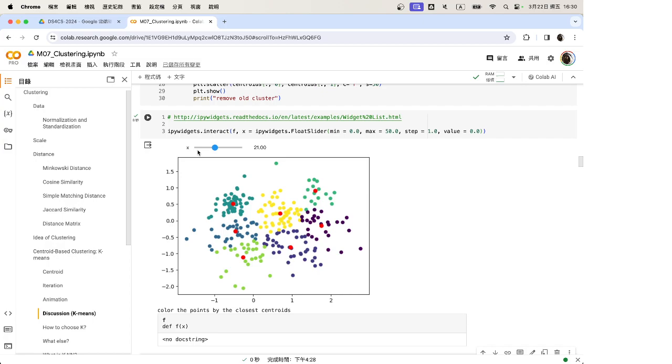That means the central E will not move dramatically again. That means the algorithm converges. Okay, so after a few steps, that is the result of k-means. We successfully divide the entire data set into 7 different regions. Okay, so that is how it works.